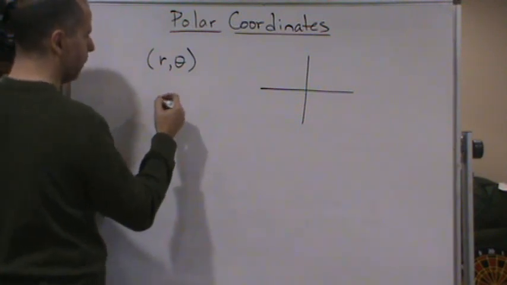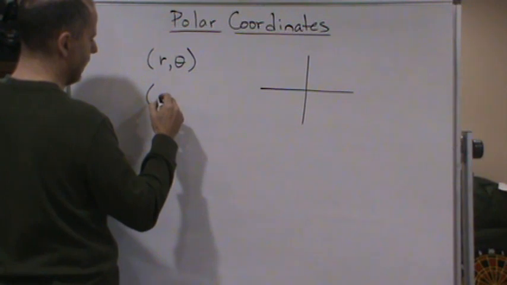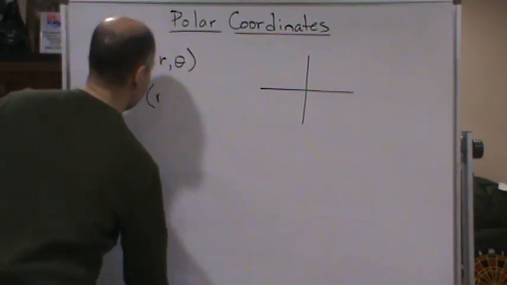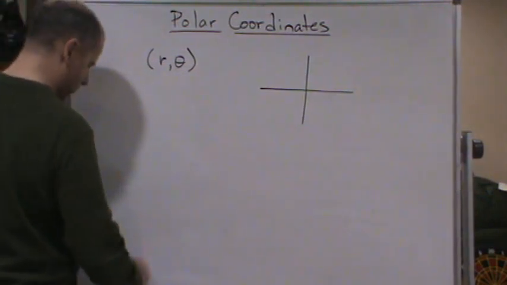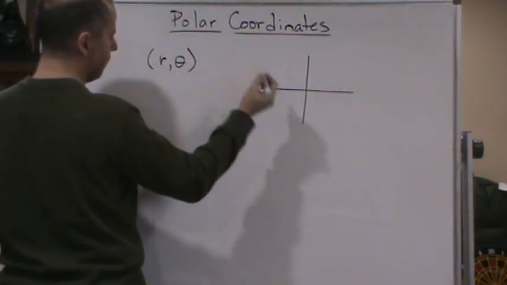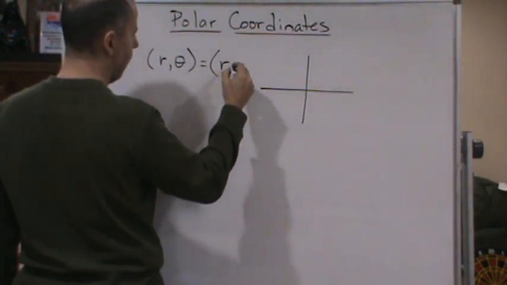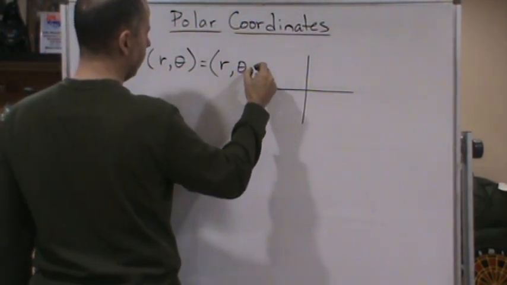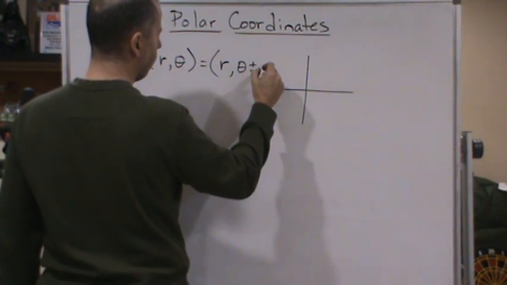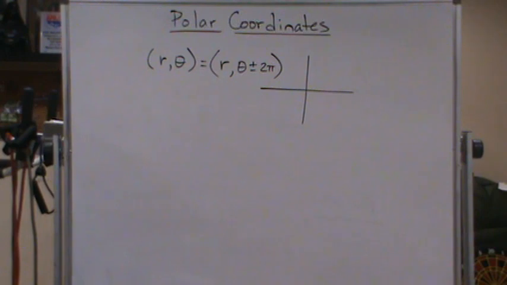We have a coterminal angle that coincides. So if I take any angle and I add 2 pi to it, it's going to give me right back to where I started. So this is the same as r comma theta plus or minus 2 pi. If I add or subtract 2 pi, I will get the same point.